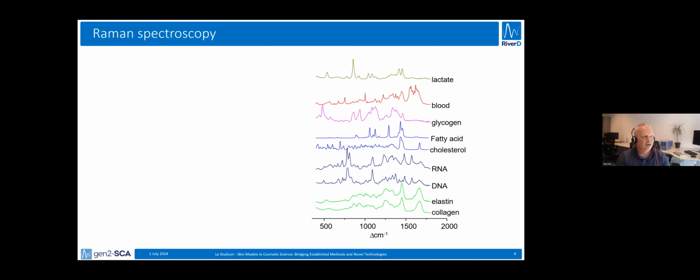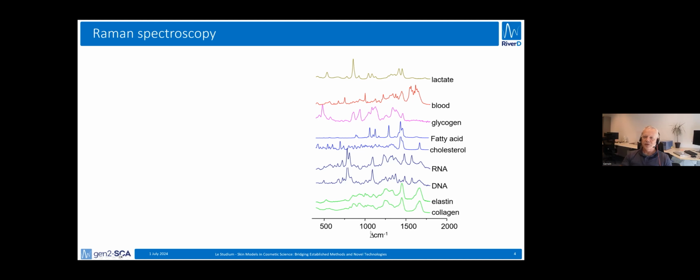Now, molecules can have many different vibrational modes, each with their own bit of energy that is needed to excite them. And what this results in is that if you illuminate molecules with monochromatic light, laser light, then what you get back is basically a rainbow of colors. And you see some examples here of Raman spectra.